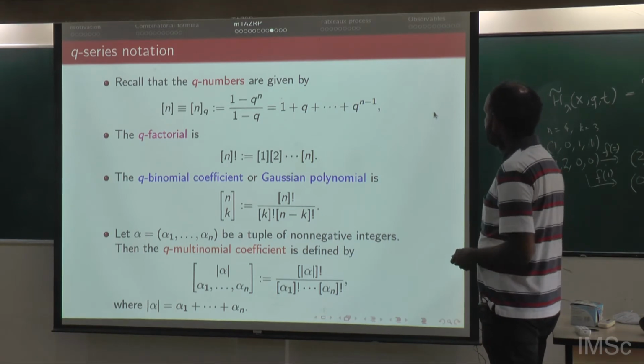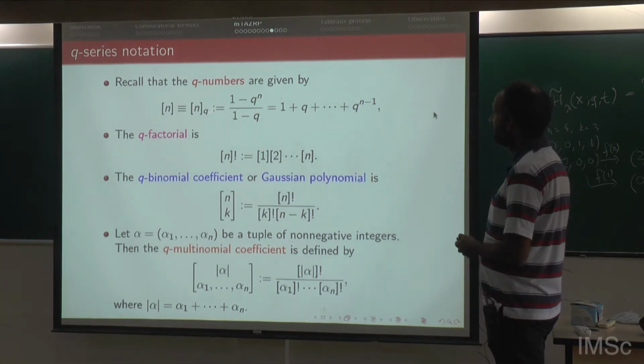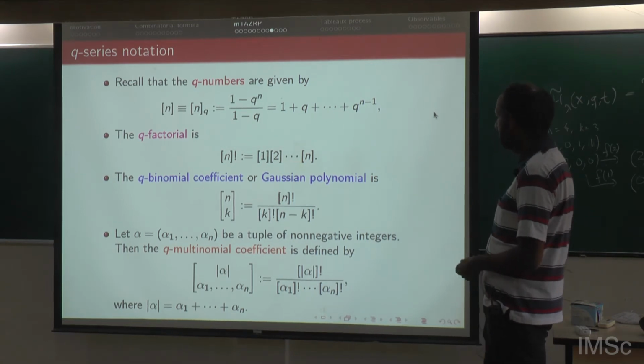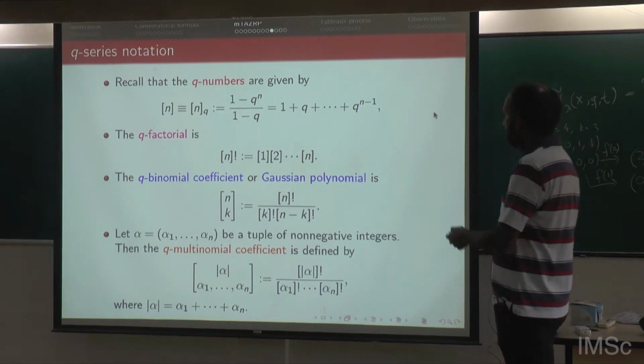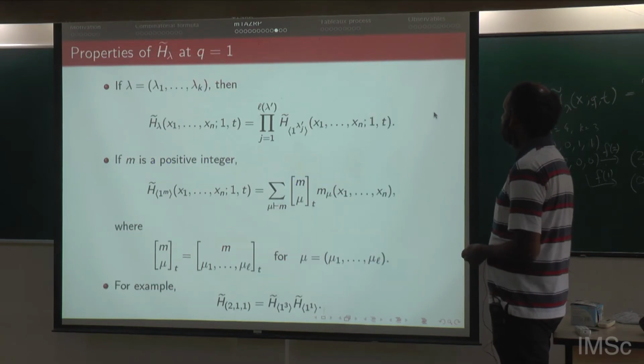Okay, so let me just recall the q notation. The q numbers, typically one uses the parameter q of n as 1 minus q to the n by 1 minus q, which is just this. And the q factorial is the product of these. The q binomial coefficient and the multinomial coefficient are defined appropriately. So these are polynomials in q. Well, all of these are polynomials in q.